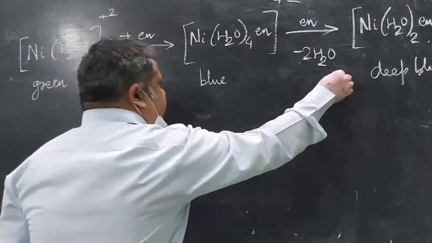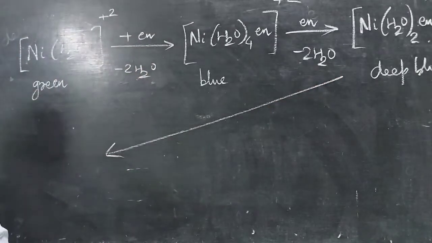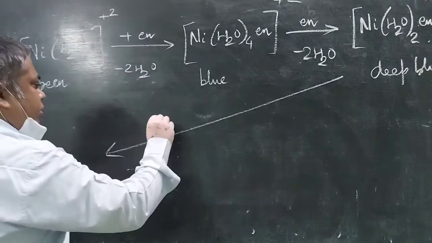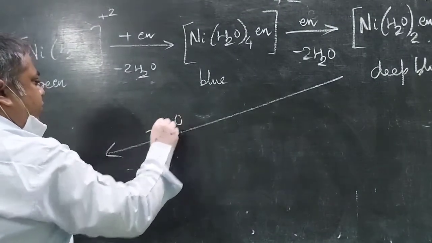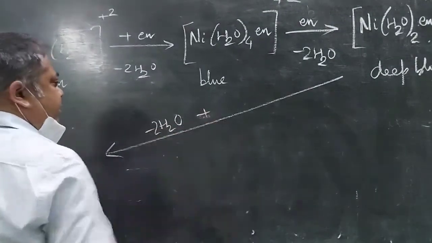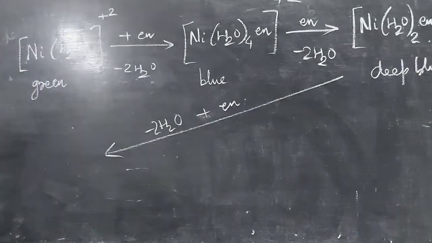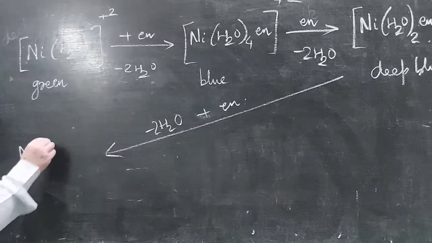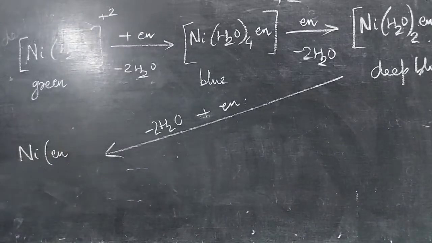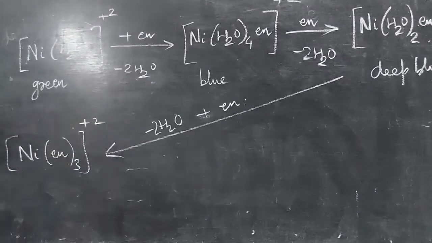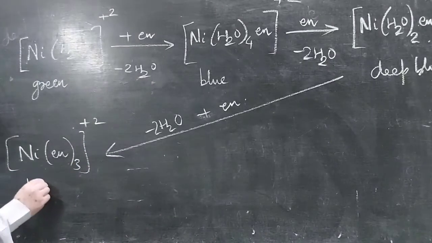At last, if you take out the last 2 left H2O molecules and add EN, it will form nickel trisethylene diamine 2 plus ion, which will be pink in color or faint pink in color.